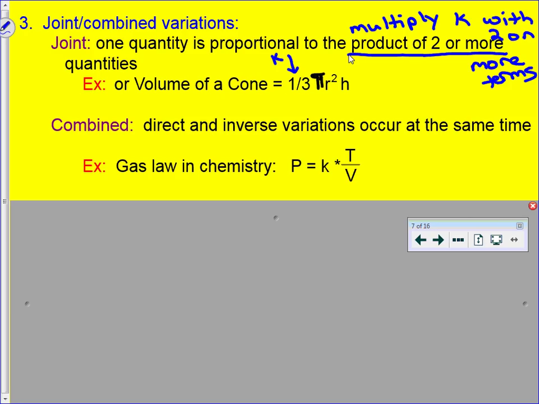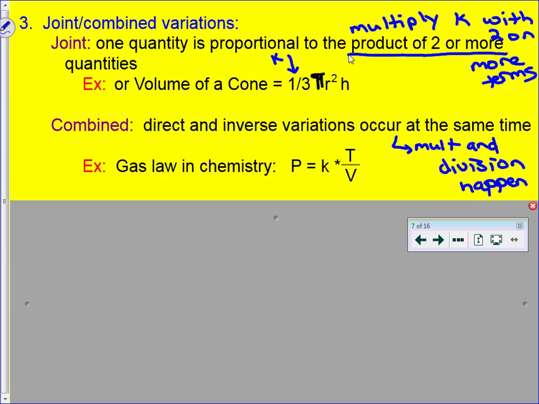So with a lot of laws that we have throughout chemistry, your equations have multiplication and division in them. So what that means, again, is when multiplication and division actually happen.